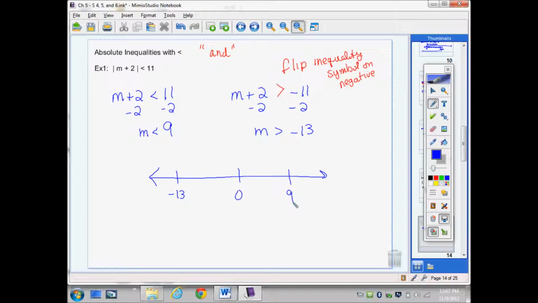Roughly. Open circle, open circle. M is less than 9, that graphs this direction. M is greater than negative 13, graphs that direction. They're pointing towards each other. So I have an overlap. And I'll shade in the center.